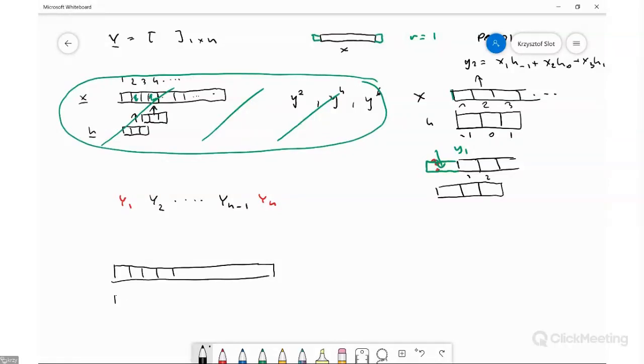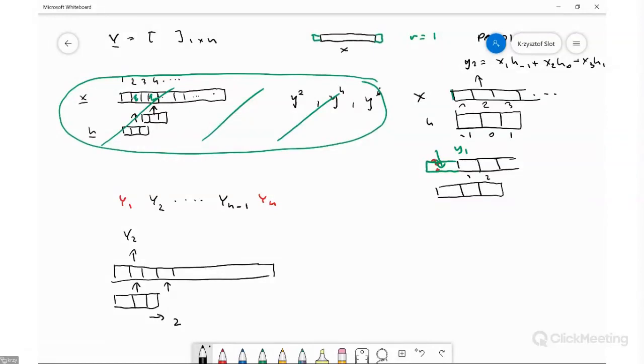The other aspect is, for example, I can compute the output at the second position. And then, instead of moving this filter by 1, let's move it by 2. That was my initial location of my filter. But now I will center it here.